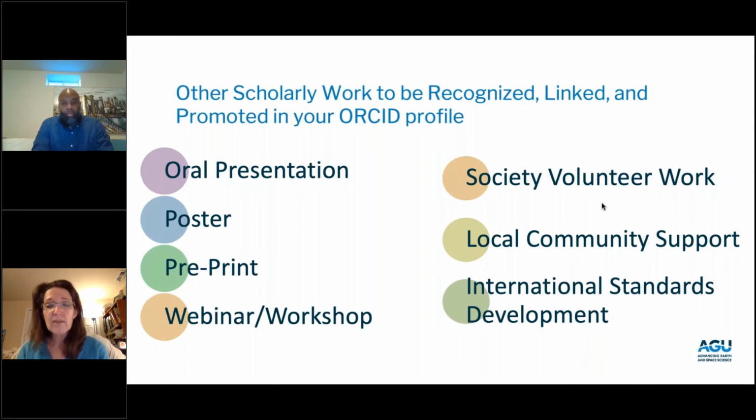So you would have an AGU affiliation, and we would have information that we could take a look at to find if you might be interested in joining one of those committees.